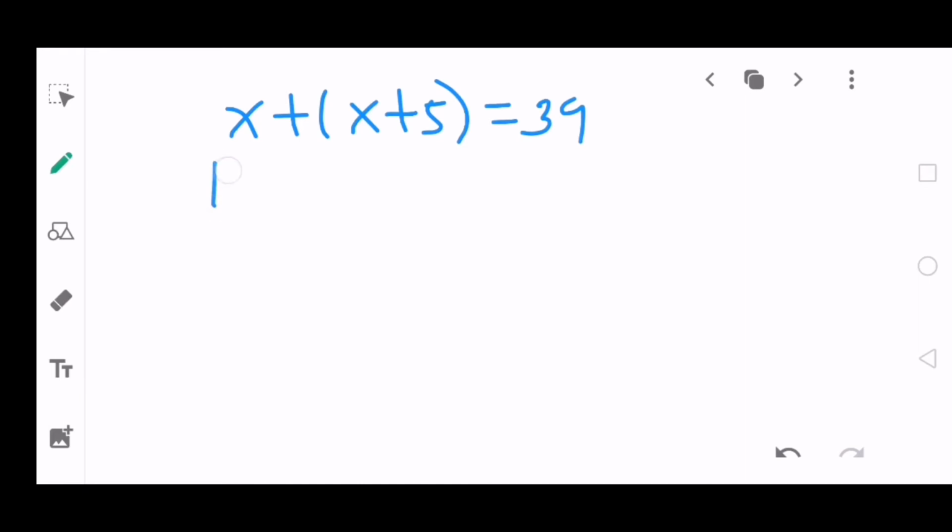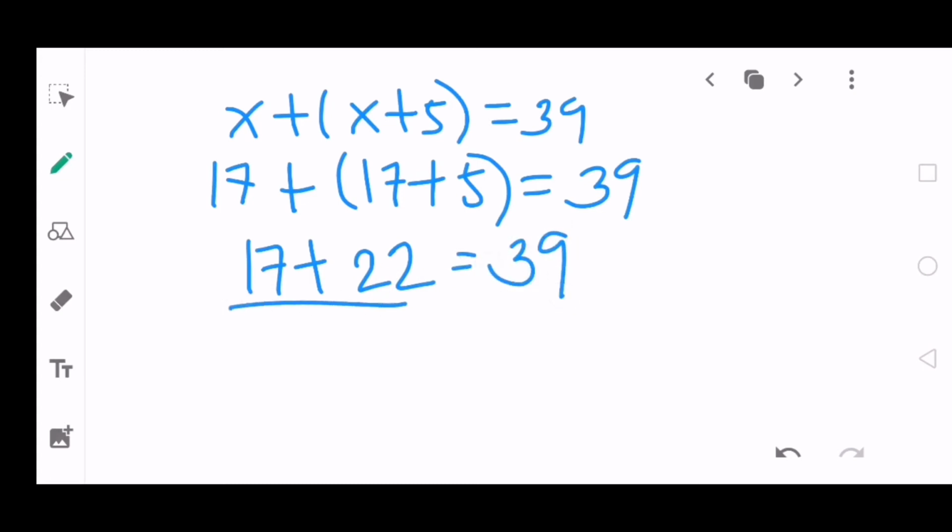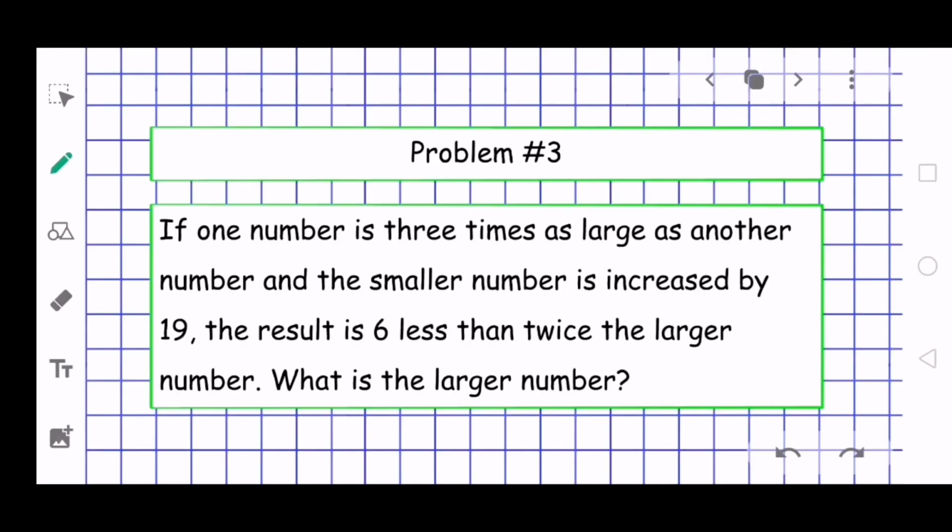Let us substitute 17 for our x. 17 plus 5 is 22, and 22 plus 17 is also 39. So therefore, what we got here is correct.